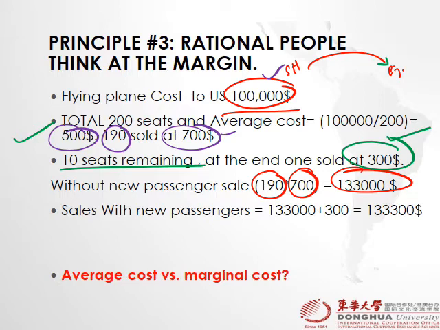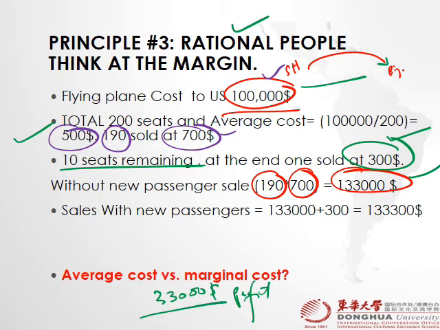So this is a layman's approach. This is not the rational person's approach. The rational person will do some systematic analysis. What is the systematic analysis? You see that your cost is already covered. How? Your cost is $100,000 and your revenue is $133,000, which means you are still getting $33,000 profit, right?